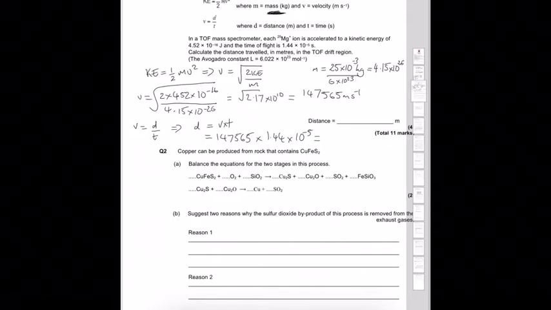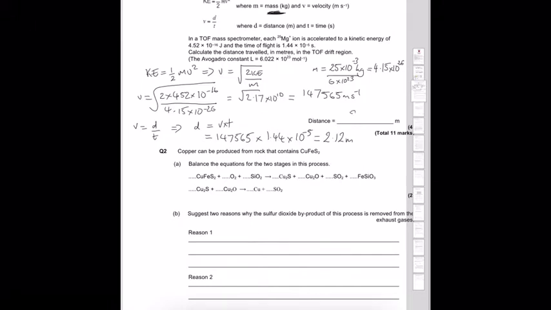It needs to be a sensible answer because it's not going to be thousands of meters, is it? So you can have a real think about what sort of distance it is. Distance here is 2.2 meters, 2.3 meters. That's a reasonable value. It's going to fit in the laboratory, isn't it?